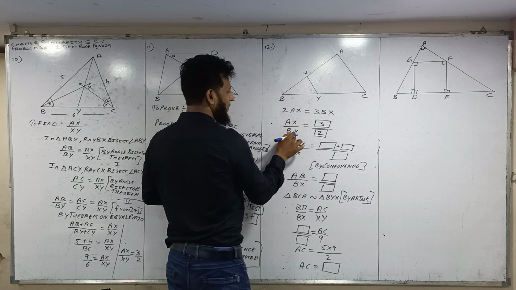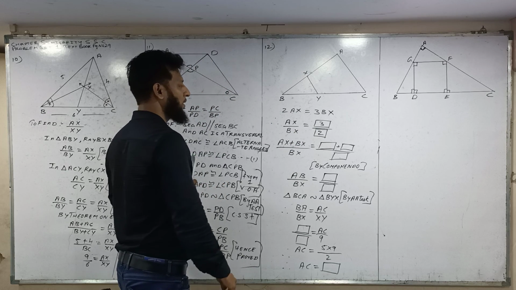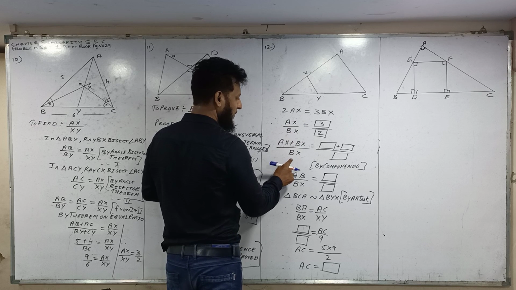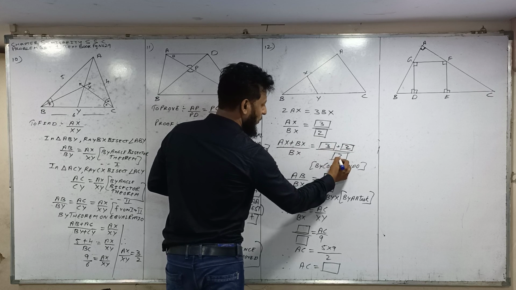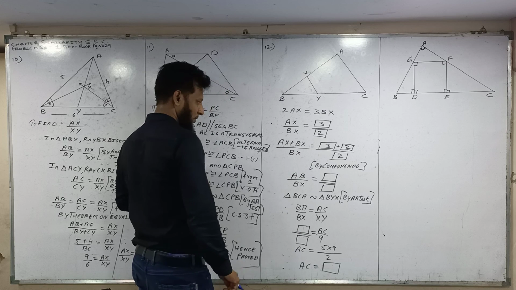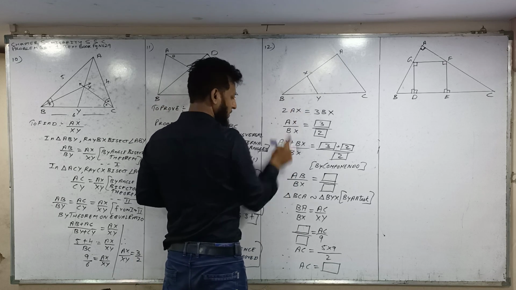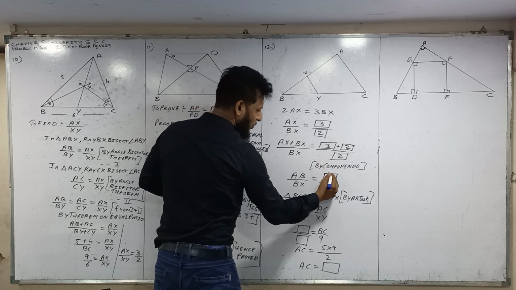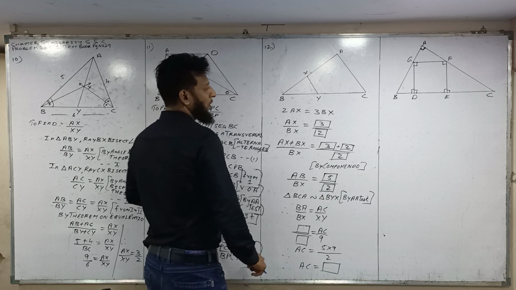Cross multiply. So what is the value of AX upon BX? 3 upon 2. Now componendo: AX plus BX upon BX is therefore 3 plus 2 upon 2. Now AX plus BX is equal to AB, and BX as it is, 3 plus 2 is 5 and 2 as it is.